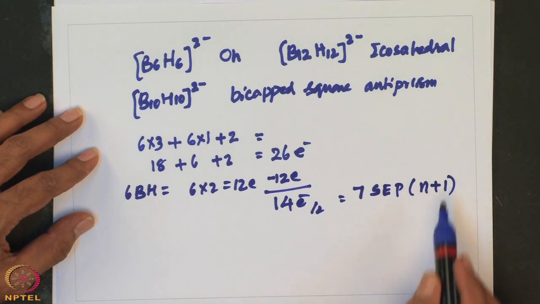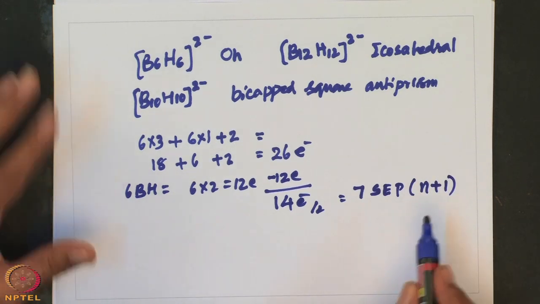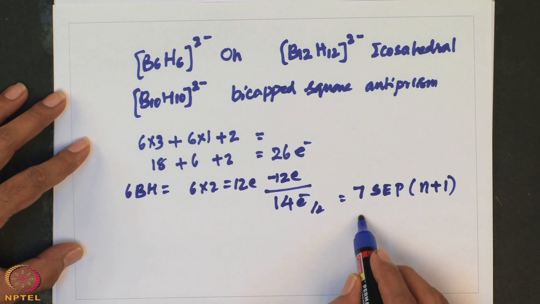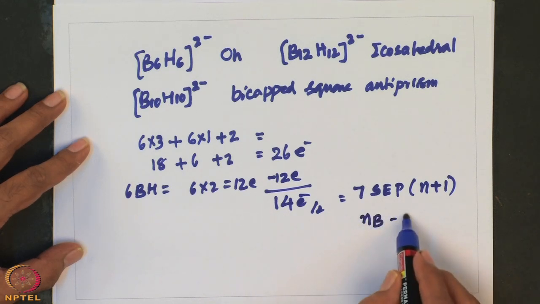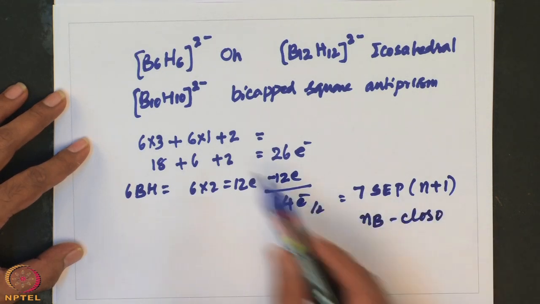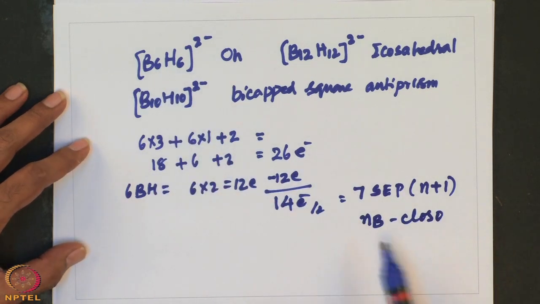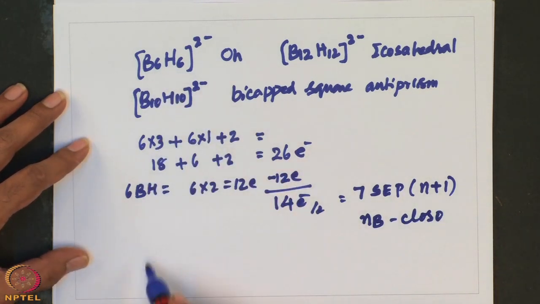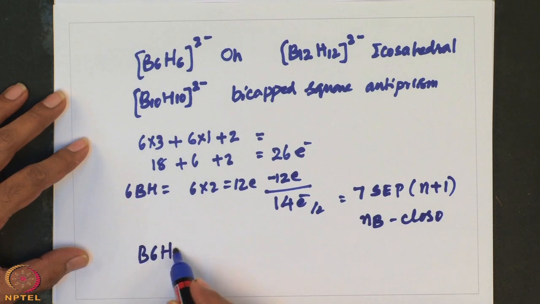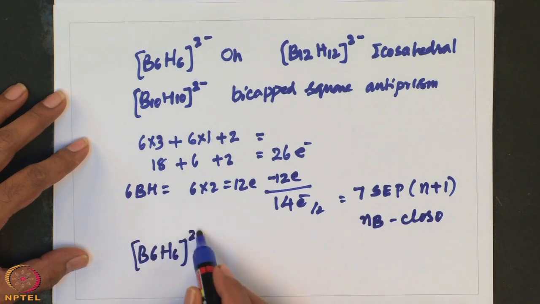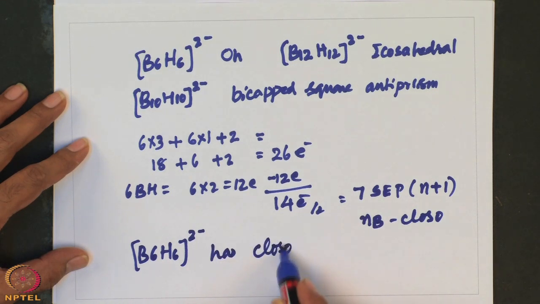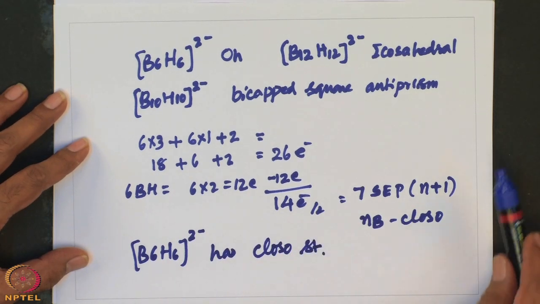If it is n plus 1, so we should have n boron atoms. So, if you have n boron atoms, this is called closo. Since we have 6 boron atoms, B6H6 2 minus has closo structure.